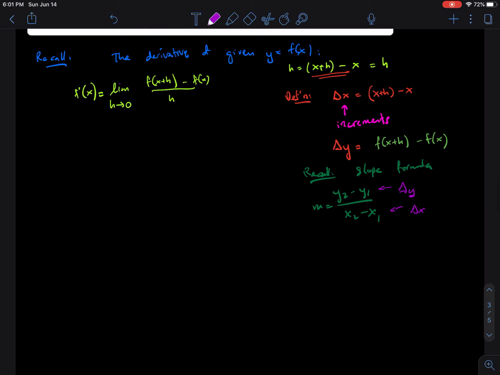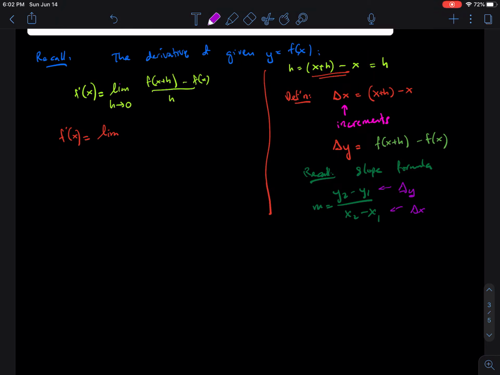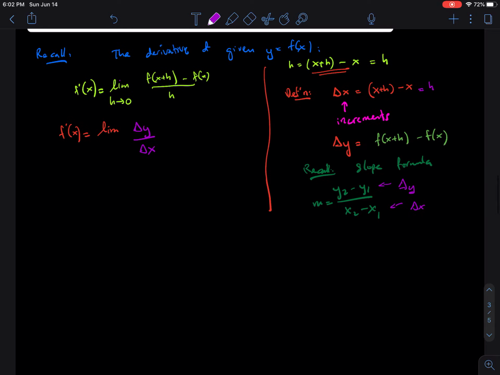Let's apply this notation to the limit definition. Now f prime of x equals the limit of delta y over delta x, where delta y is the difference in the numerator and delta x is your h, because x plus h minus x is just h.